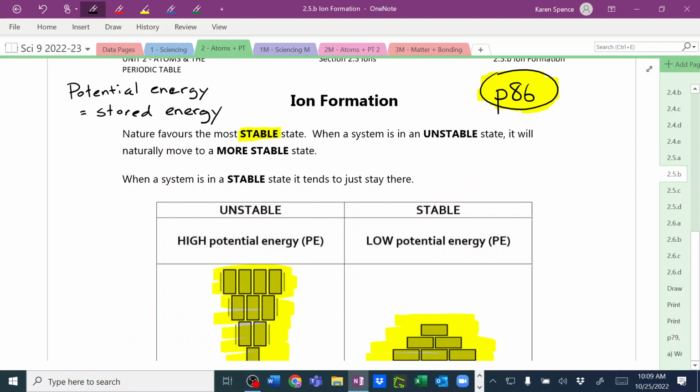Potential energy is stored energy. The other kind of energy, and I'll just write it down, but we're not going to be spending a lot of time on it in grade 9, is kinetic energy. Do you know what kinetic energy is?